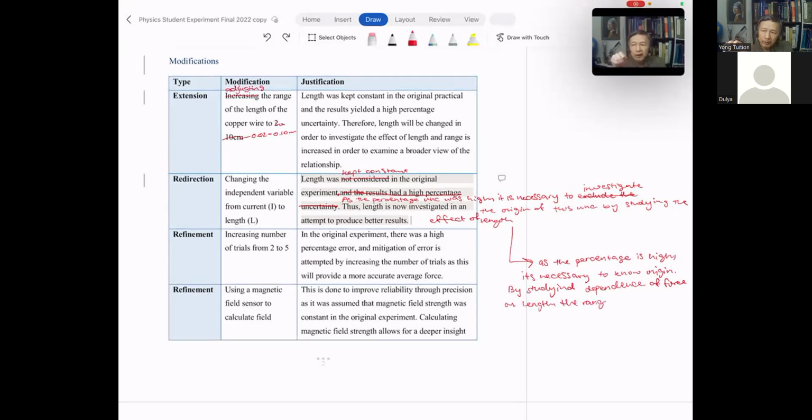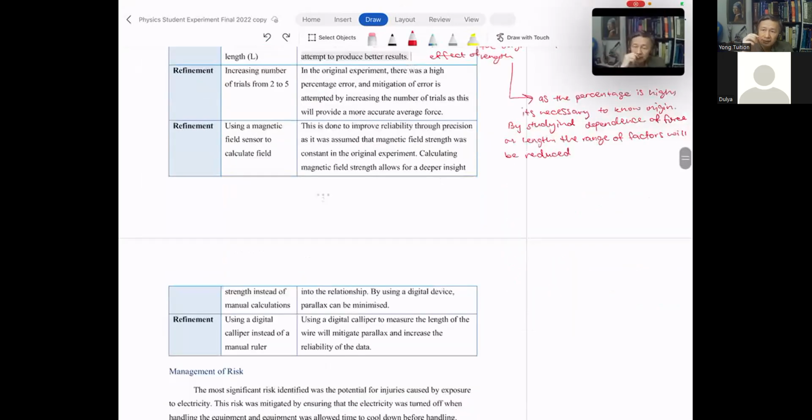I hope you will also discuss in this draft that, because this time we have studied another variable, the high percentage error still exists. Therefore, it must be due to the measurement of the magnetic field.